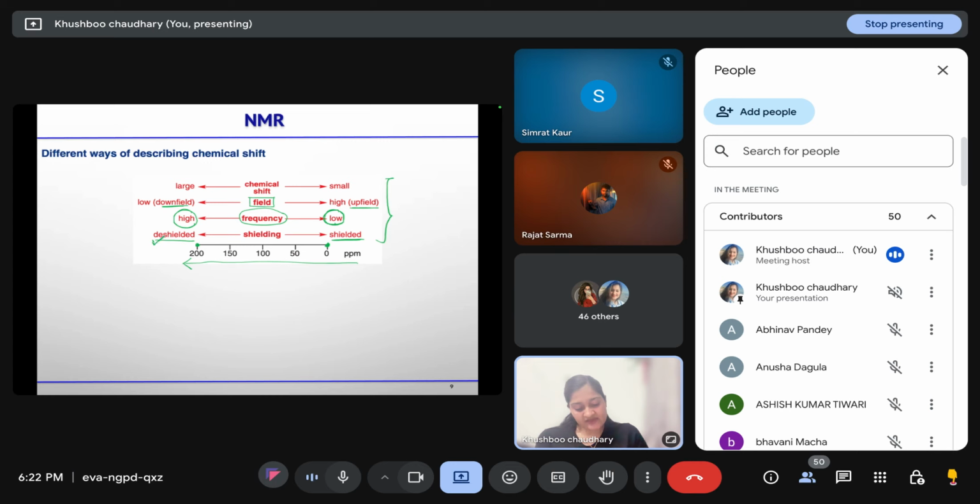You can remember it as D for deshielded and D for downfield. So the downfield region is the deshielded one, and the upfield region is the shielded one. And if we are considering the chemical shift value, from numbers only we can get the idea that the shielded region has a smaller delta value, and the deshielded region has a larger delta value. Okay.